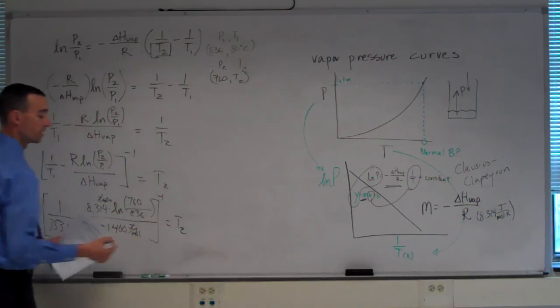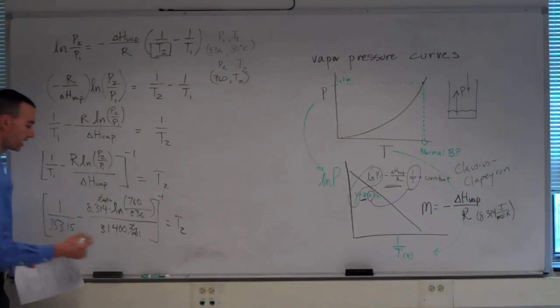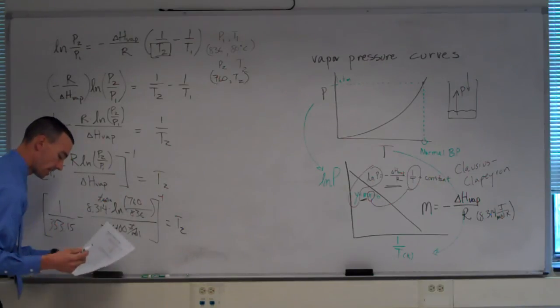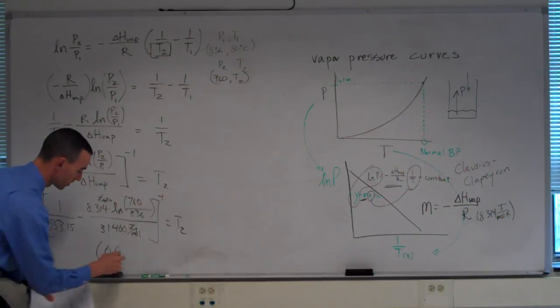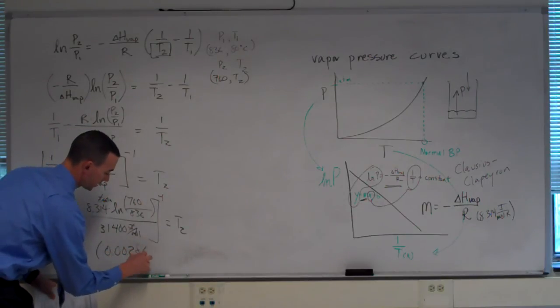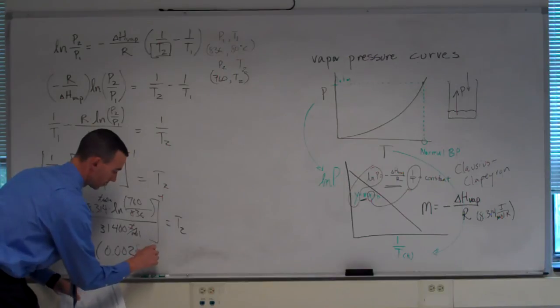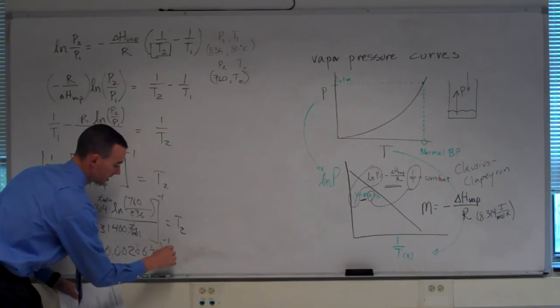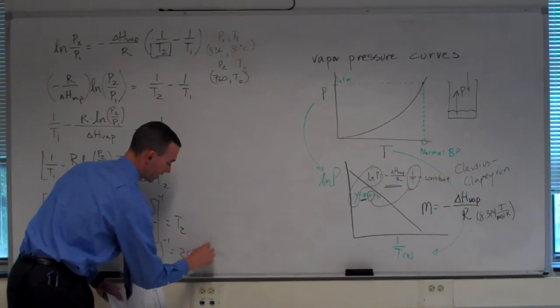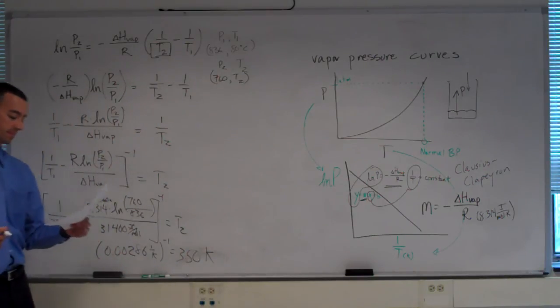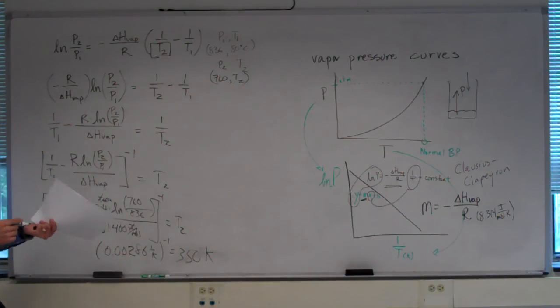All that's going to get raised to the -1. I got an intermediate there, 0.00286. 1 over that, raised to the -1, would be 350 Kelvin. You could backtrack to Celsius if you'd like as well.